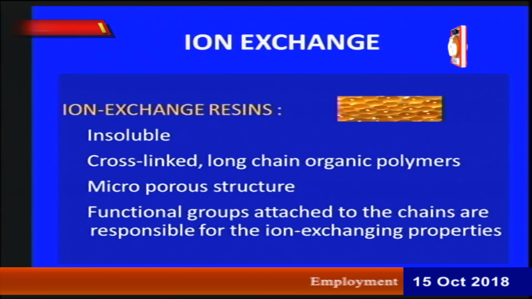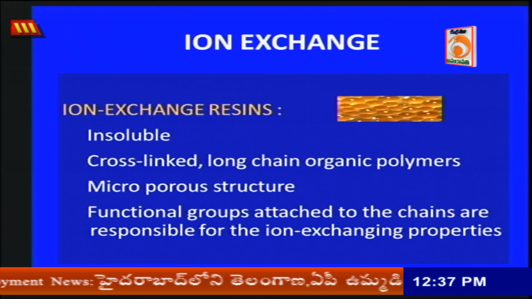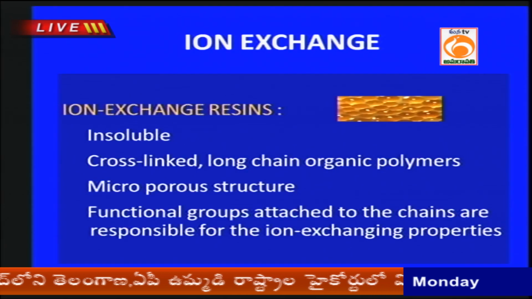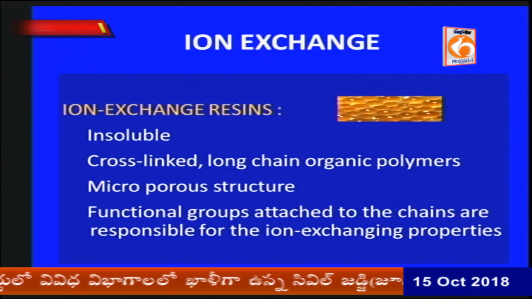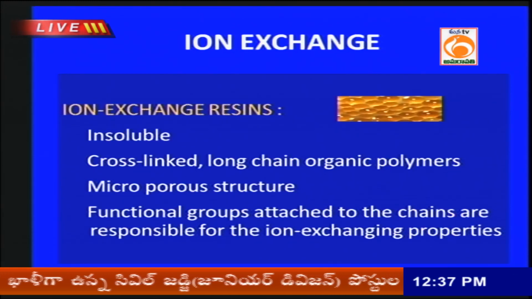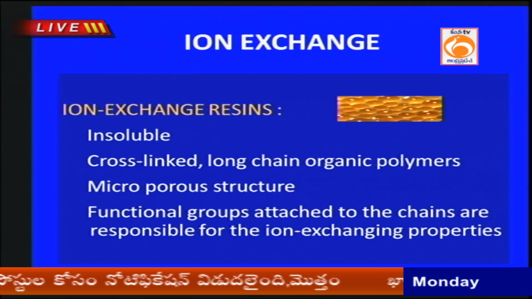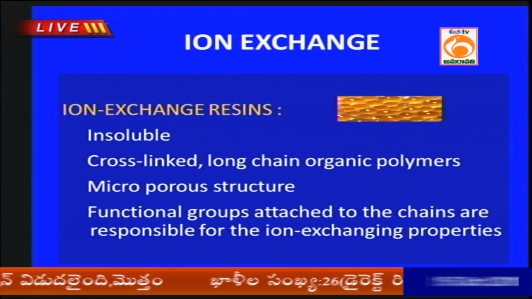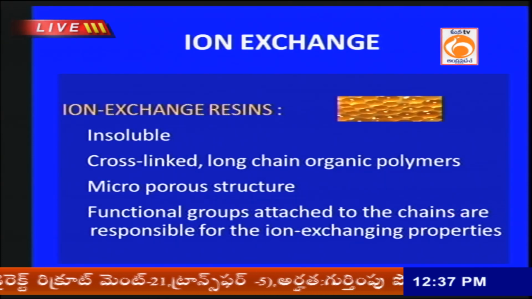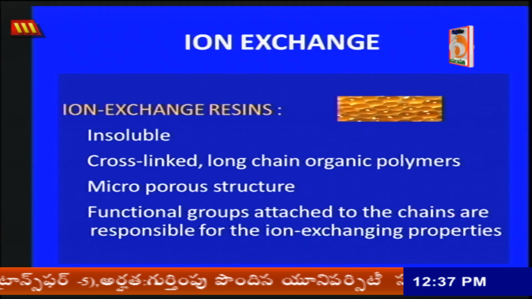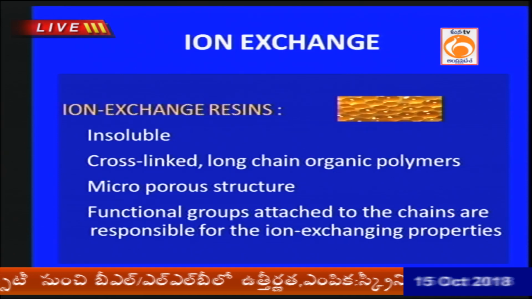A resin looks like small granules, like small round mustard seeds. See the figure in the slide. It is insoluble in water, and it has cross-linked long chain organic polymers with small pores in its structure, and in those pores the cations or anions are exchanged.